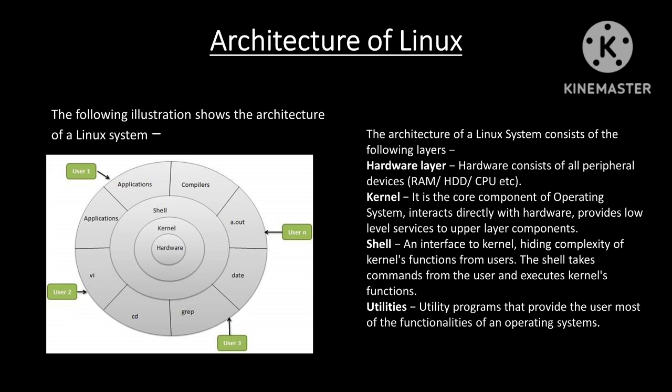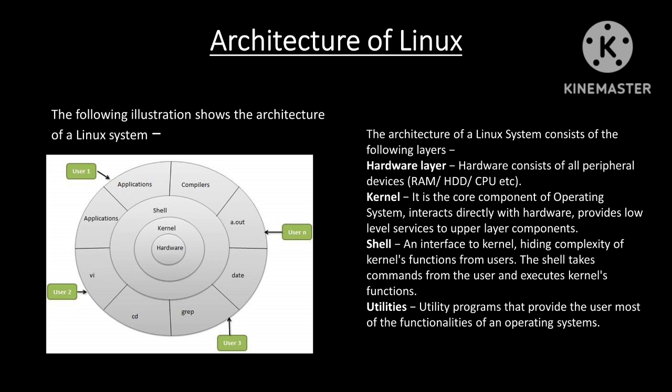The hardware layer consists of all the peripheral devices like RAM, hard disk, CPU, etc. Next, the most important part of Linux is the kernel. It is the core component of the operating system and interacts directly with hardware, providing low-level services to upper layer components. We already discussed the kernel in the previous part.